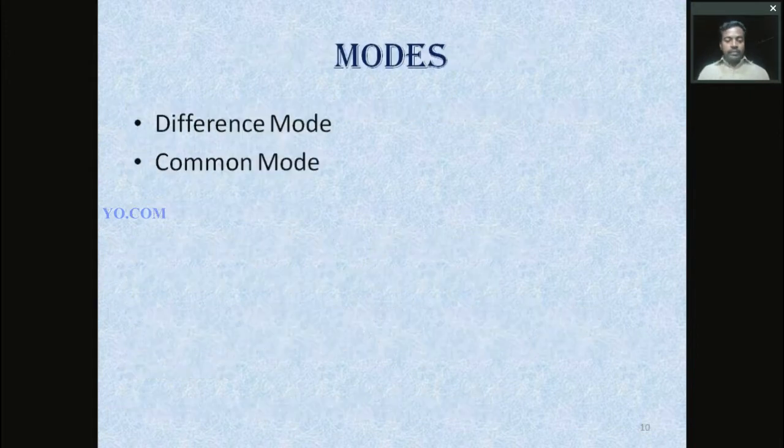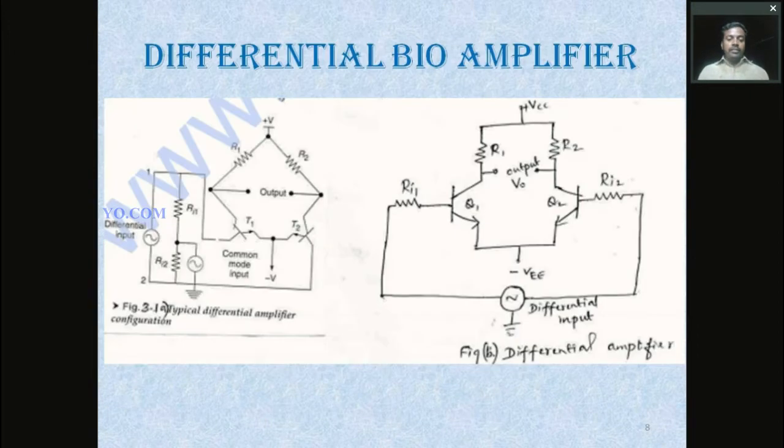Okay, see, consider the circuit. If we apply the same amplitude but different phase, then the collector current will change.